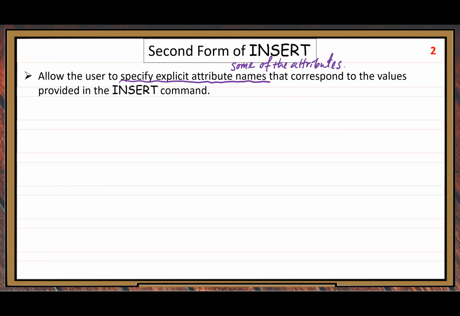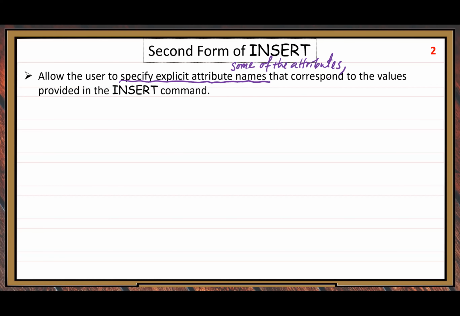That's one place you have some freedom to write your insert statement. Another place, you can choose the order you like. You do not have to use the original order.